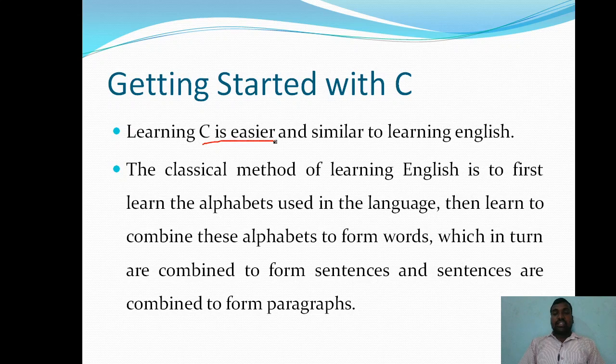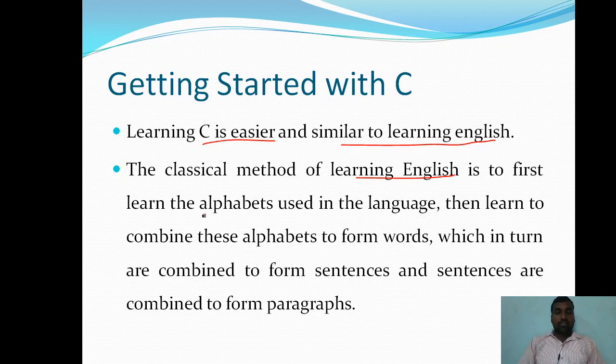Learning C is as simple as learning English. Why? Because in the classical method of learning English, what do we follow?